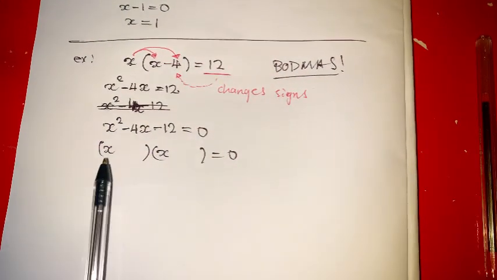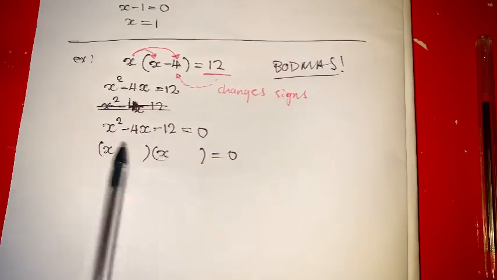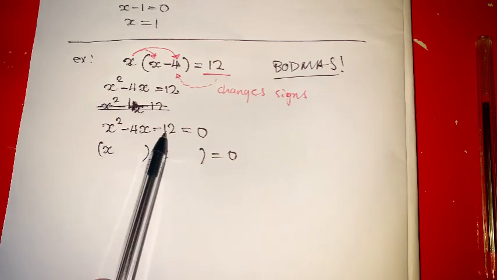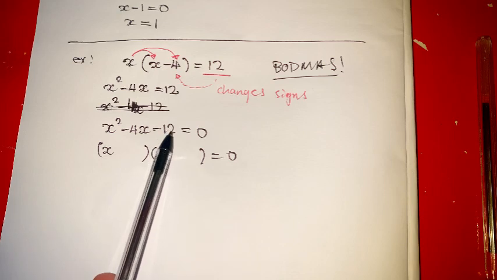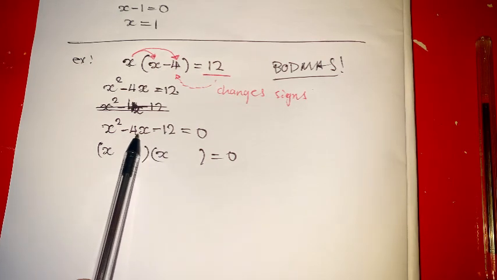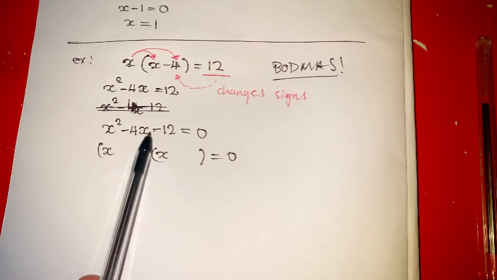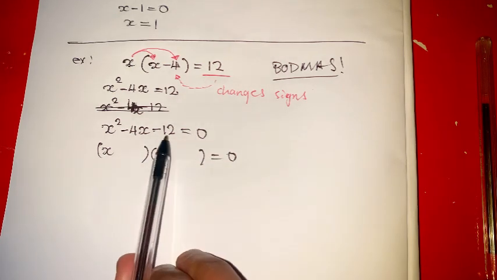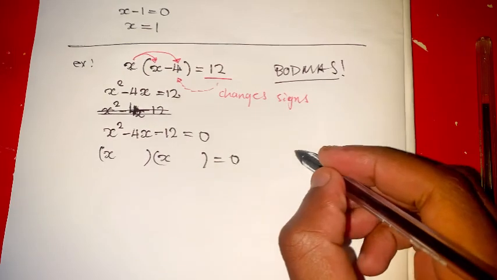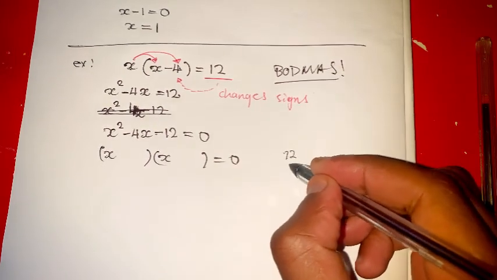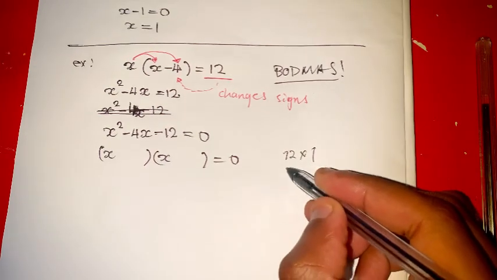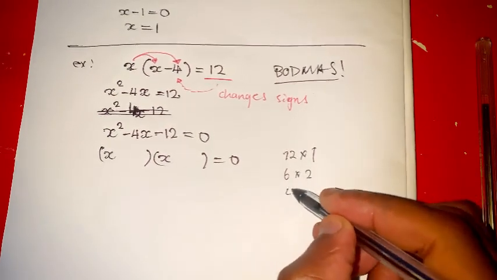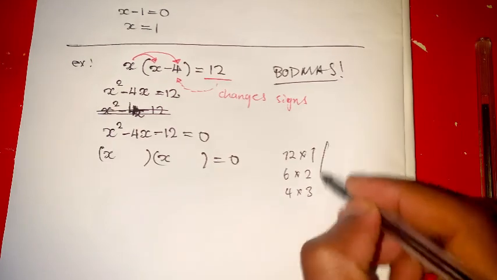Now, since multiplying x with x gave you x squared, you have to think of two numbers which, when you multiply them together, will give you negative 12 to be more precise, and when you sum them up, will give you negative 4. What can give you 12 is 12 times 1, 6 times 2, or 4 times 3.